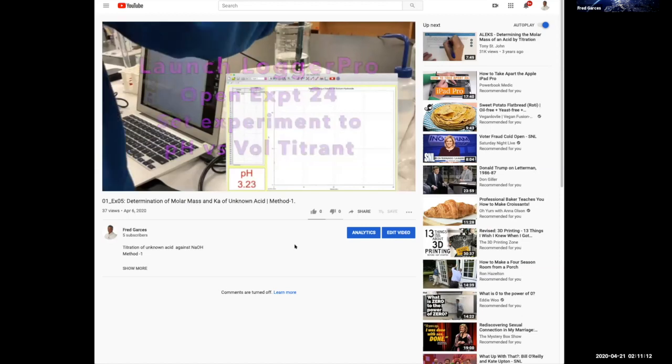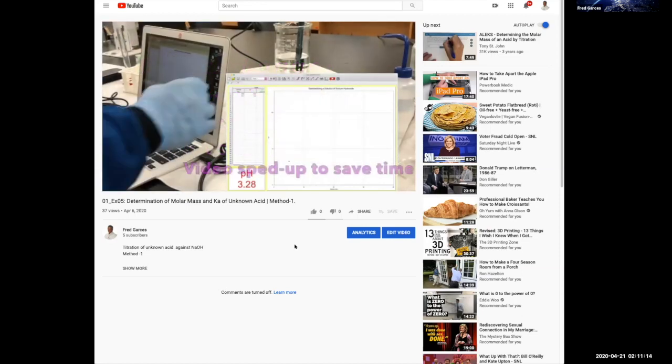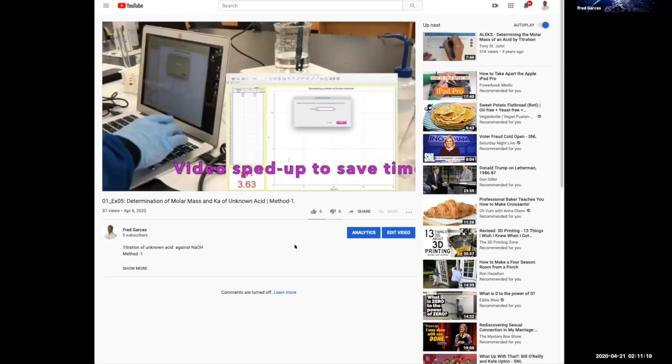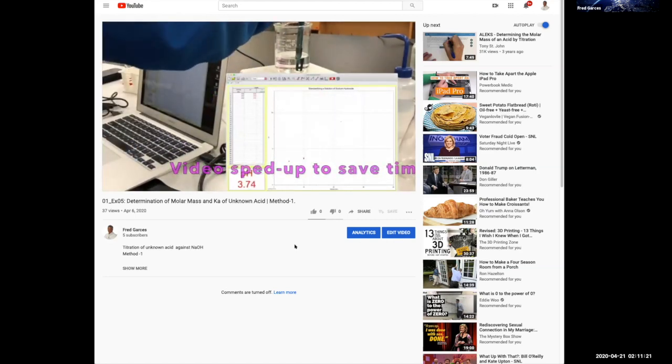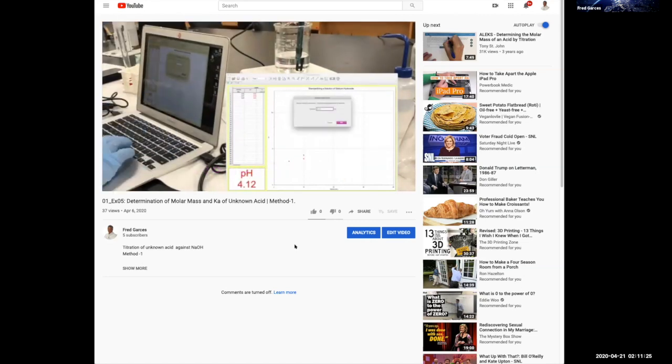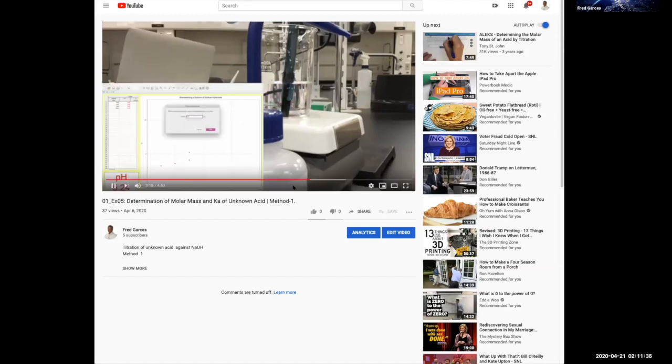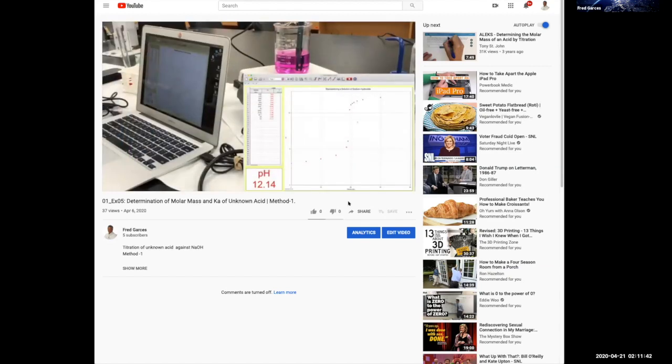Don't worry about that. Remember that you want to write down the observations because that's part of it. Doing the titration, and I'm doing the titration based on volume. I'm not doing time. I'm adding a certain amount of base, and as I add the base, I'm reading the volume in the burette, and then Vernier automatically records the pH. So let me go ahead and fast forward on this. I don't talk in this video.